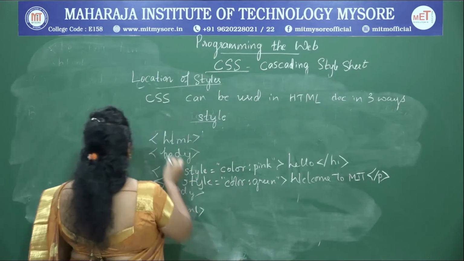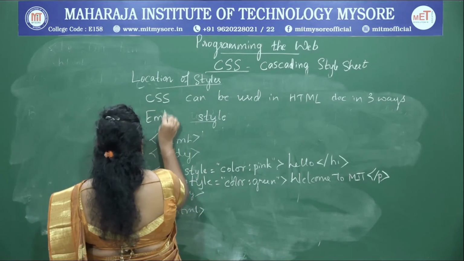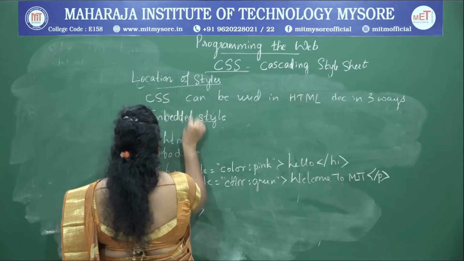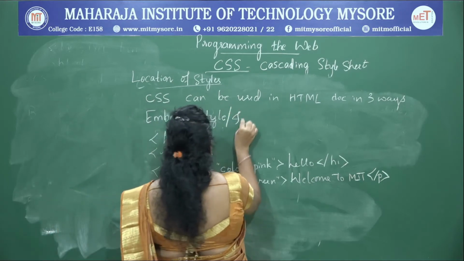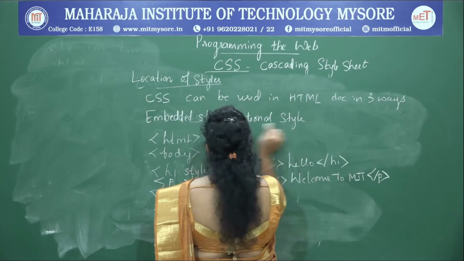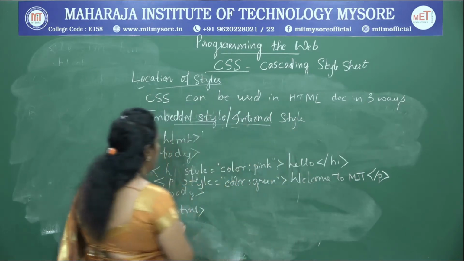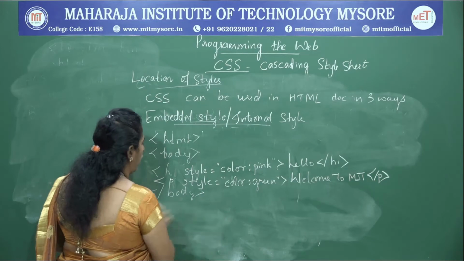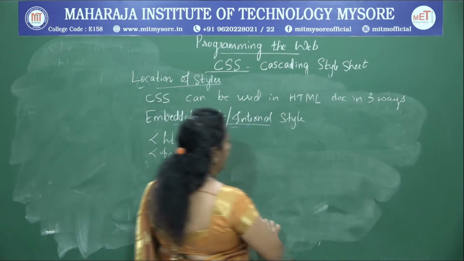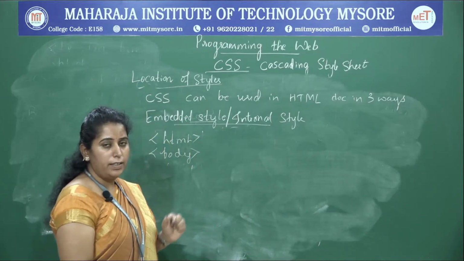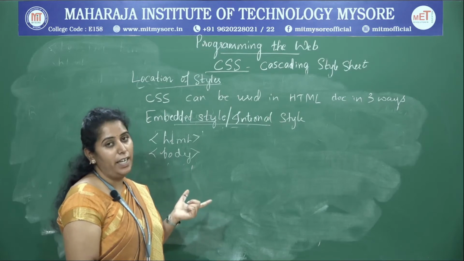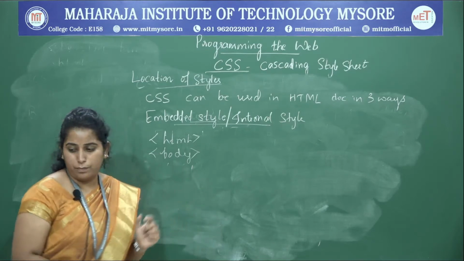Okay, next we will move on to the second type of style sheet, that is embedded style or internal style. Embedded style or internal style means it is used to define the style rule for the entire HTML document.